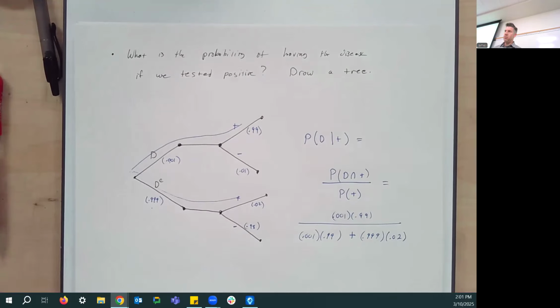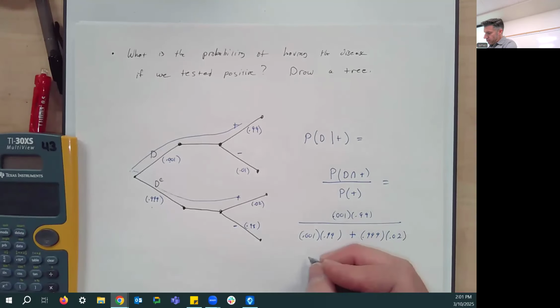And then you could leave it like that, but if you have a calculator, it's going to be, let's see, 0.001 times 0.99 plus 0.999 times 0.02, and we're getting about 0.047.